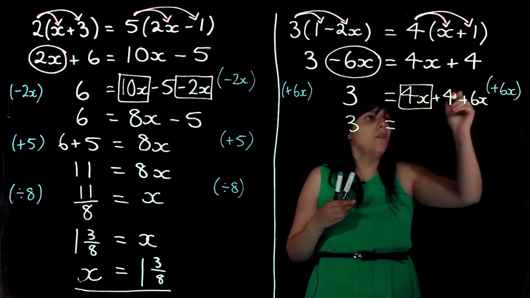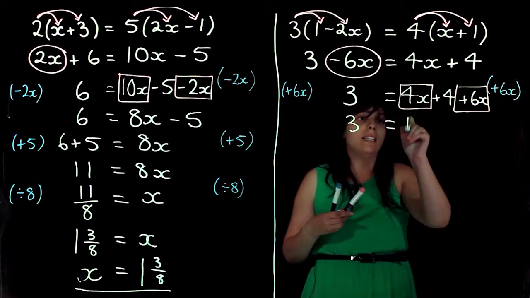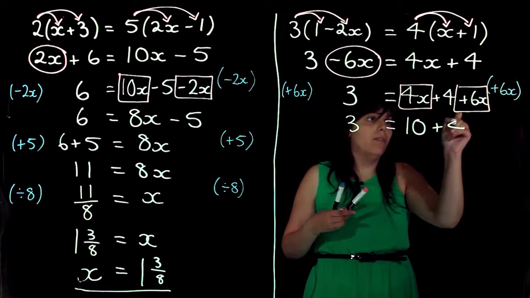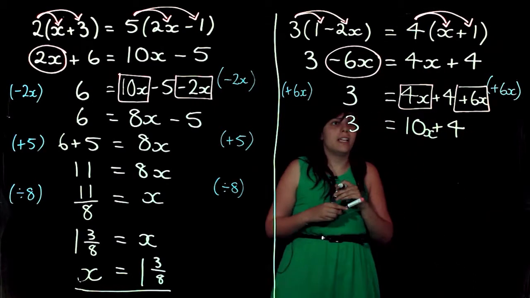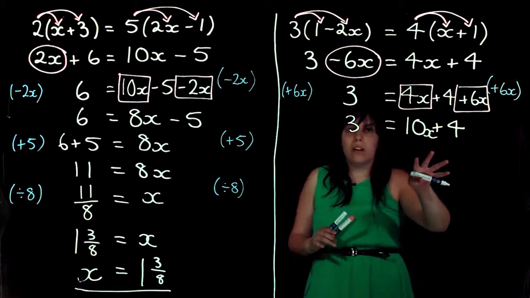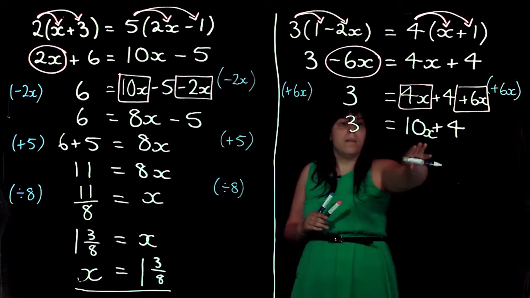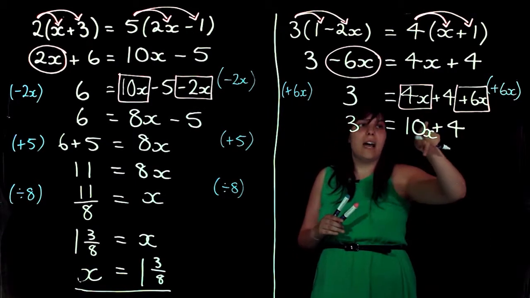So I've got 4x and a plus 6x. So altogether, that's 10x and 4. Oh, sorry, I've got my x. There we go, 10x plus 4. So again, we've got our x's on this side, which isn't our favourite way of having them, but that's fine because we'll swap it around at the end. So we've got 10 x's and we're adding on 4.